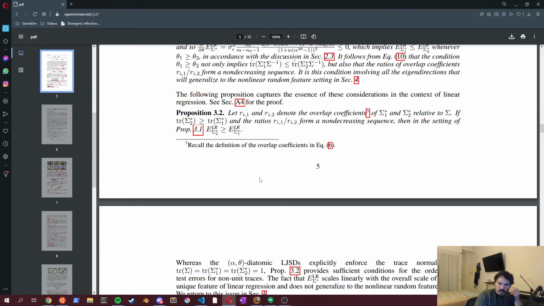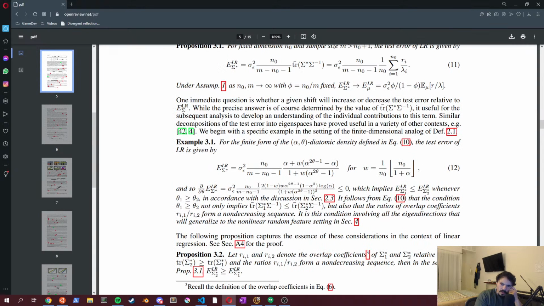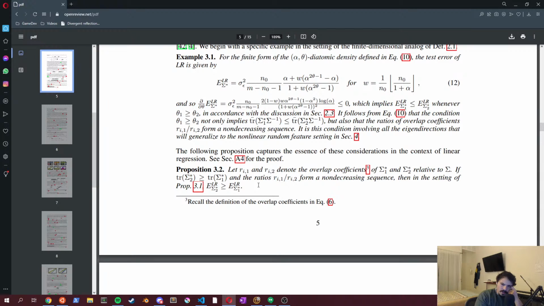Sometimes it can cause certain eigenvalues to be overrepresented from the training set, whereas in the typical case where you think it's bad, it causes them to be underrepresented.